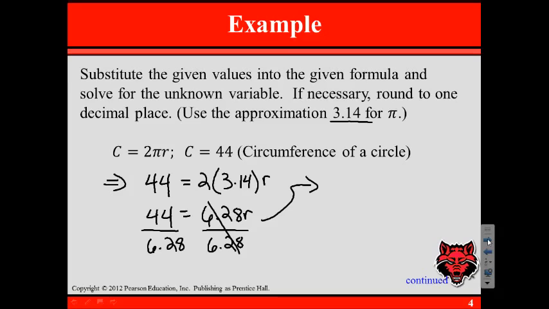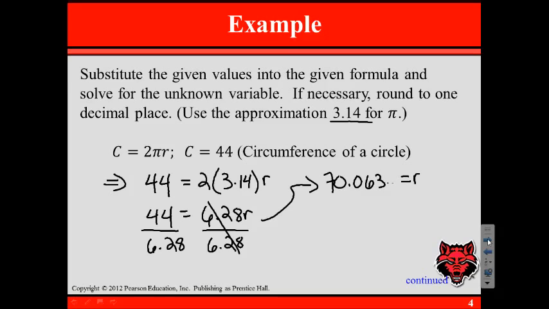And on the left-hand side, we need to divide 44 by 6.28, and that will give us a never-ending decimal. We would have 7.0063, and that continues forever, equals r.